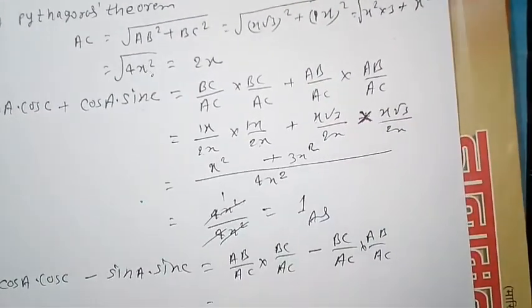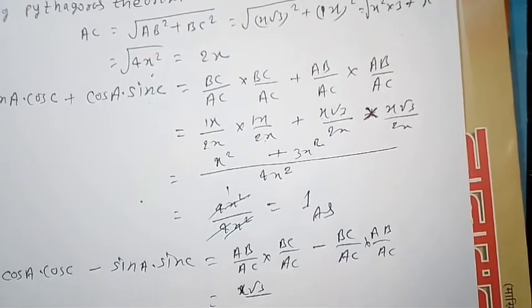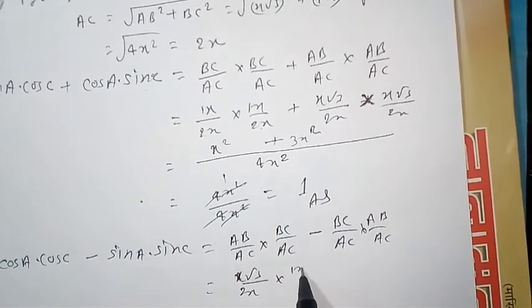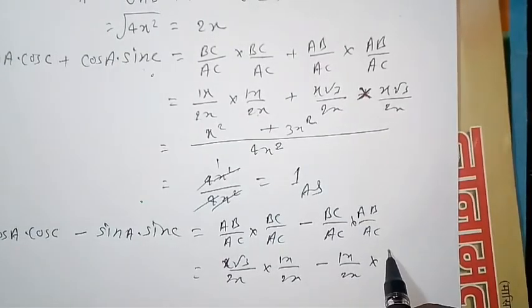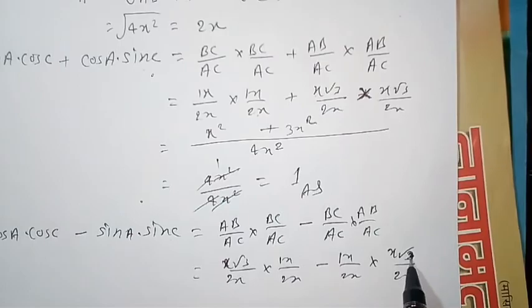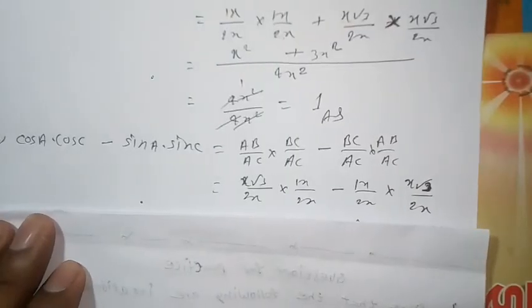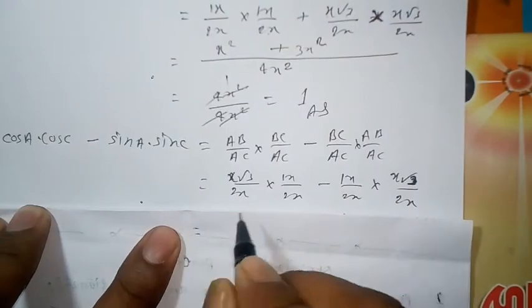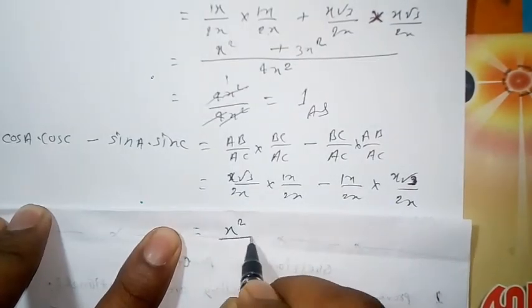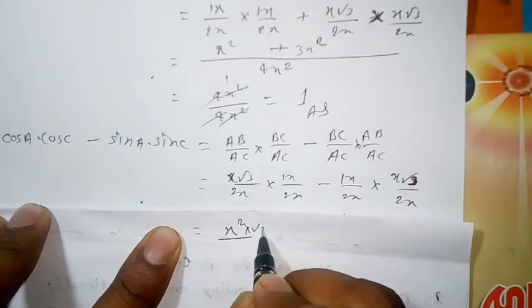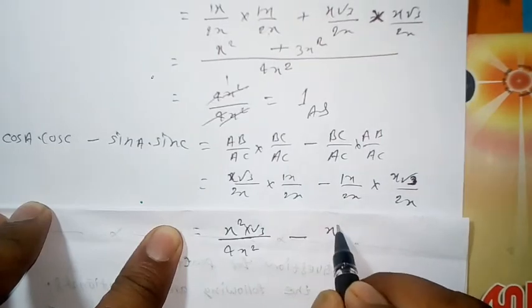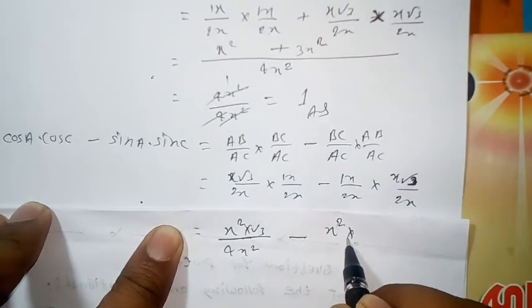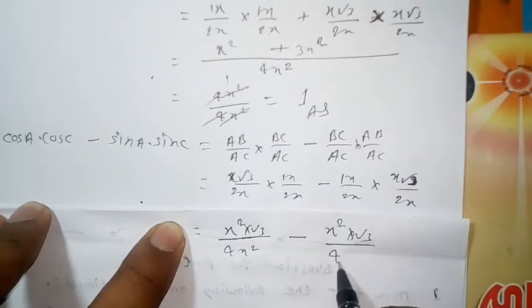AB is equal to x root 3 by 2x into BC 1x by 2x minus 1x by 2x into x root 3 by 2x, is equal to x into x square into root 3 by 2 into 4x square minus x into x square into root 3 by 2 into 4x square.